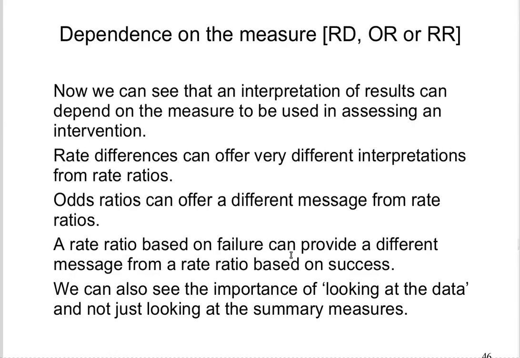So we can see that an interpretation of results can depend on the measure to be used in assessing an intervention. Rate differences can offer very different interpretations from rate ratios, and so on.